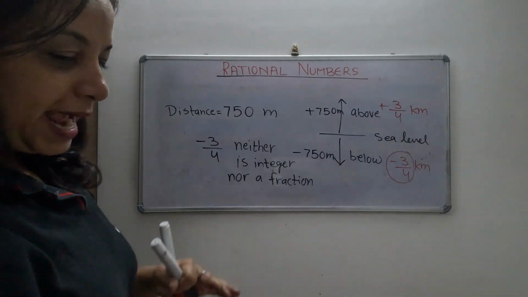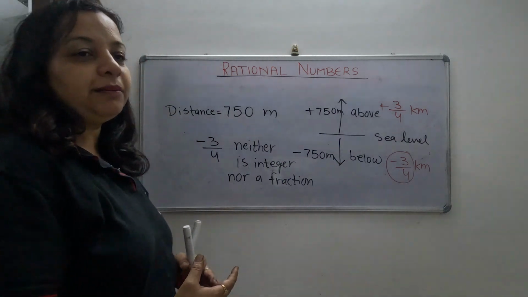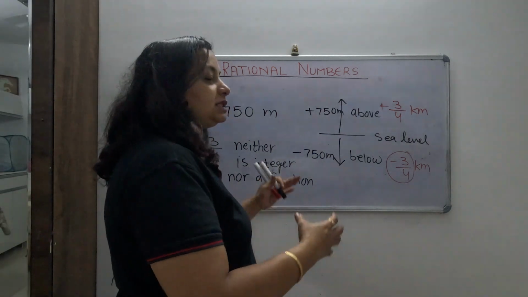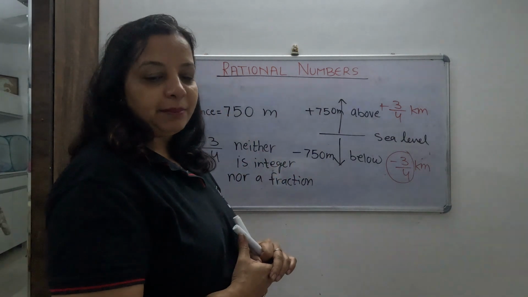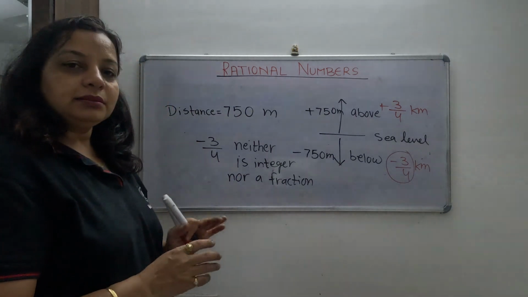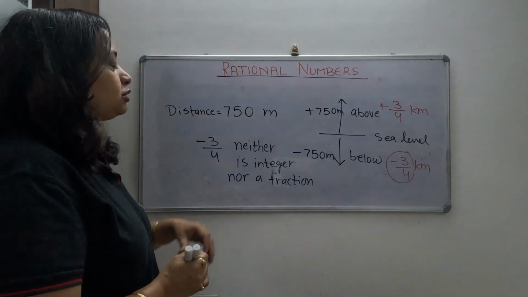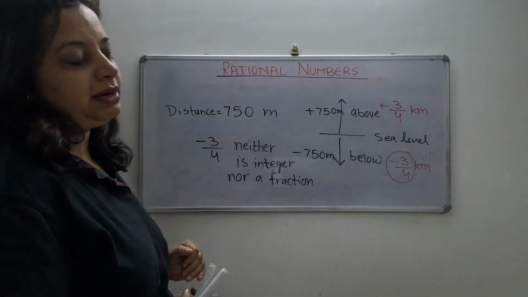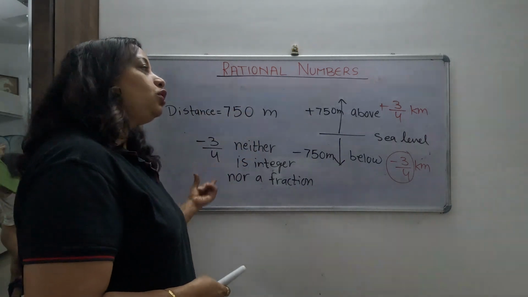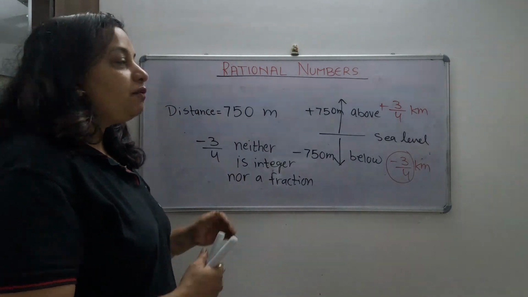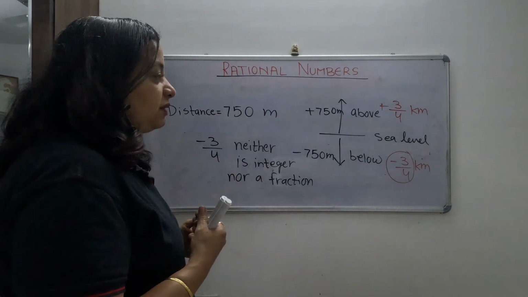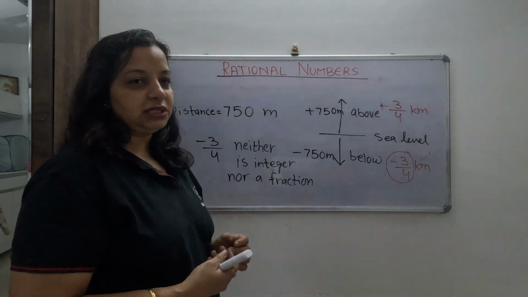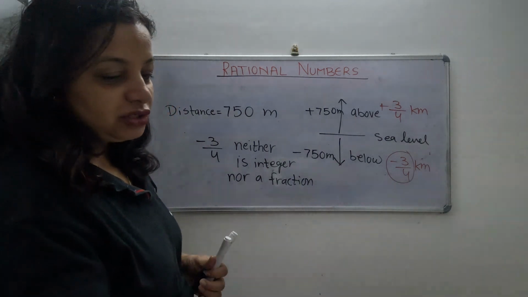So we need to extend our number system to include such numbers. Natural numbers we know, whole numbers we know, integers we know, fractions we know, but we don't know the negative fractions. So we need to extend our number system to learn negative fractions. That's why we need rational numbers.